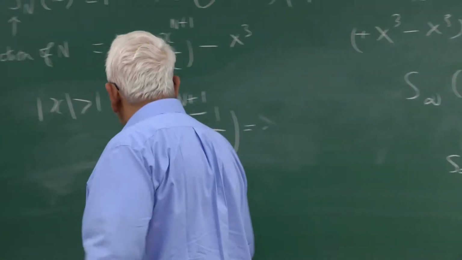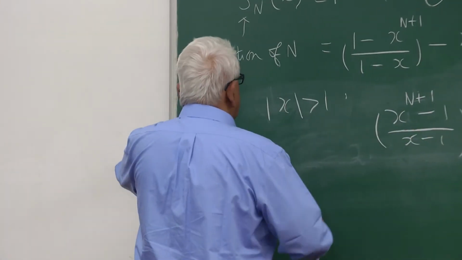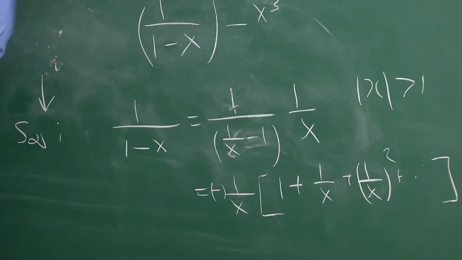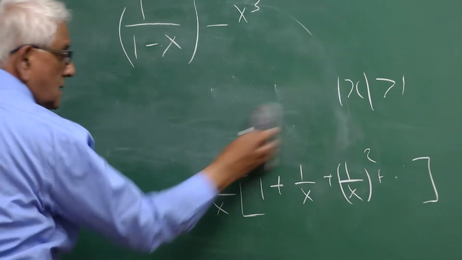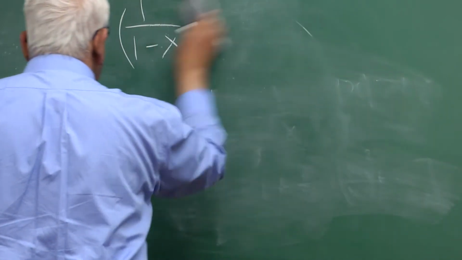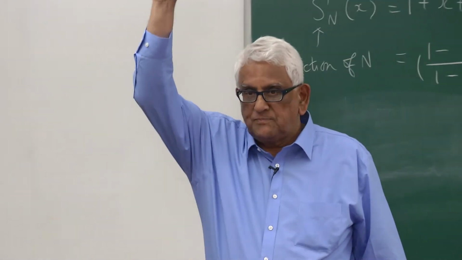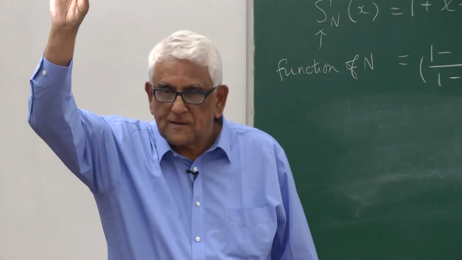So what we have learned from this is that there is this notion of a function, and the function can have representations. The function is up there in abstract space.